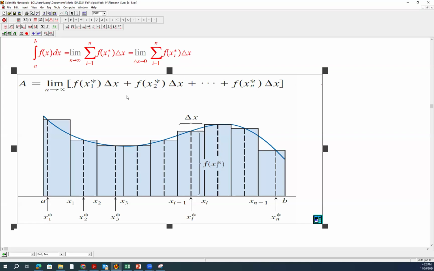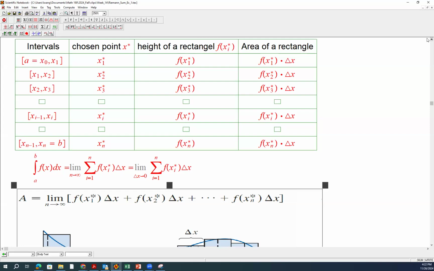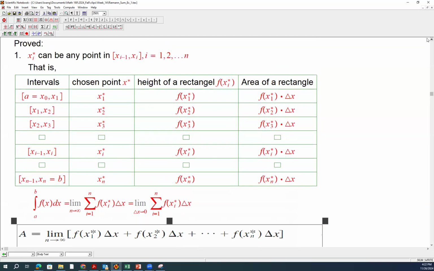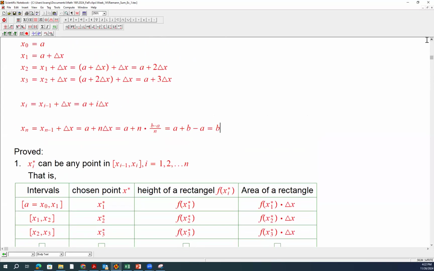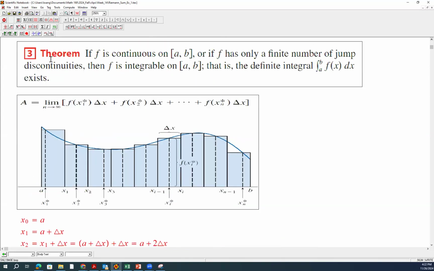If the function is continuous, I want you to have the theory in your head that it doesn't matter how we choose the star points. This theorem says if f is continuous on the interval of our interest, and f has only a finite number of jump discontinuities.